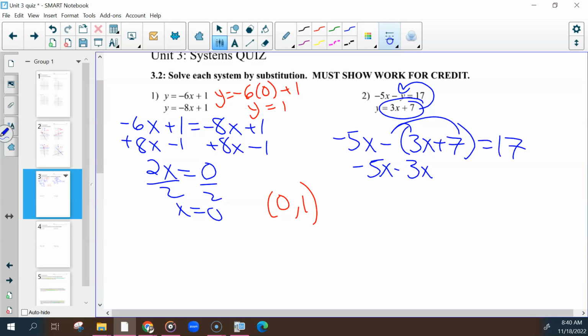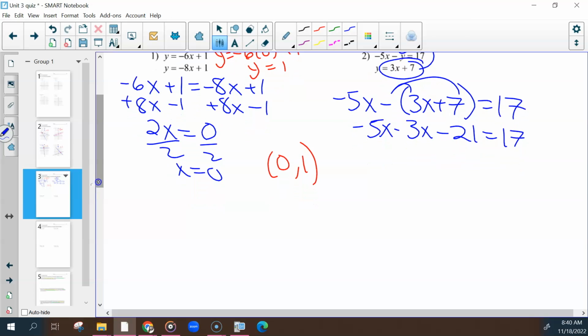Because some of you didn't put this minus, you distributed the -5 instead, and on the same side, you're just combining like terms, you're not doing opposite things. Oh, and I just did that wrong.